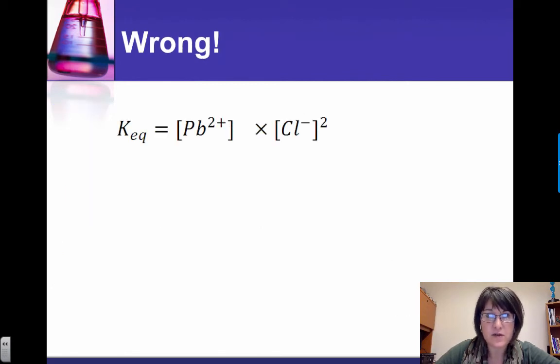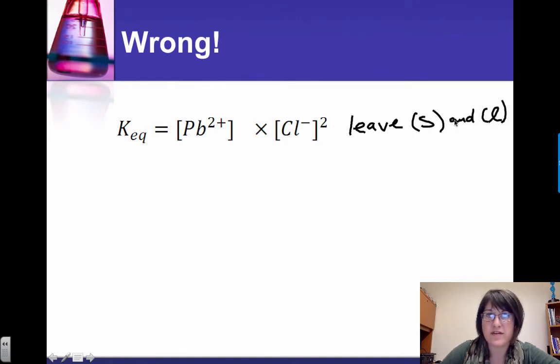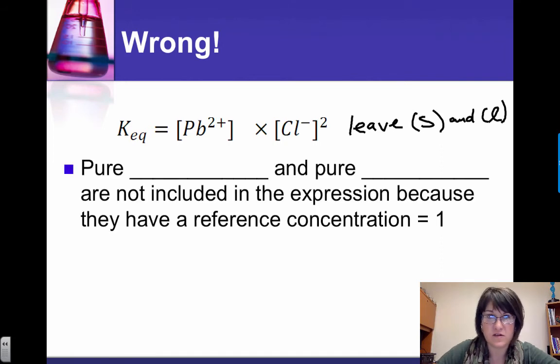So what we do is we leave out anything that is a solid or a liquid. We just don't include them in the equilibrium expression at all, because it doesn't make sense to do so. Pure solids and pure liquids are not included in the expression, because really their concentration is considered to be 1.